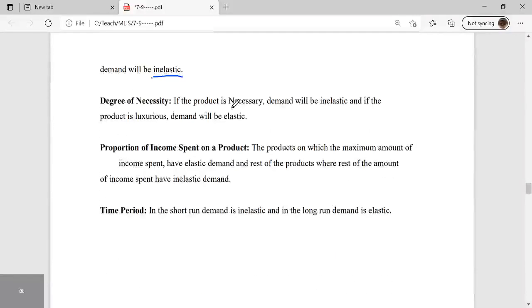The next factor is the degree of necessity. If the product is a necessity, then it will be inelastic, and if it's a luxury, then it will be elastic.